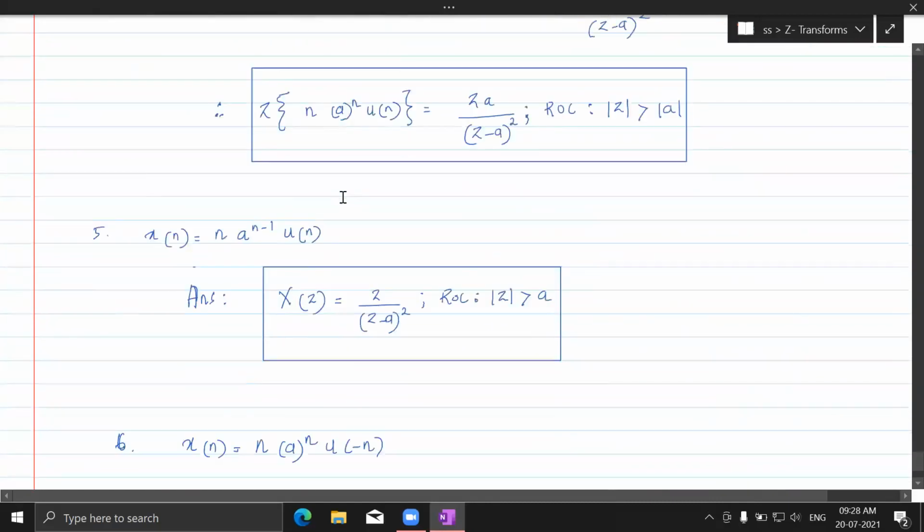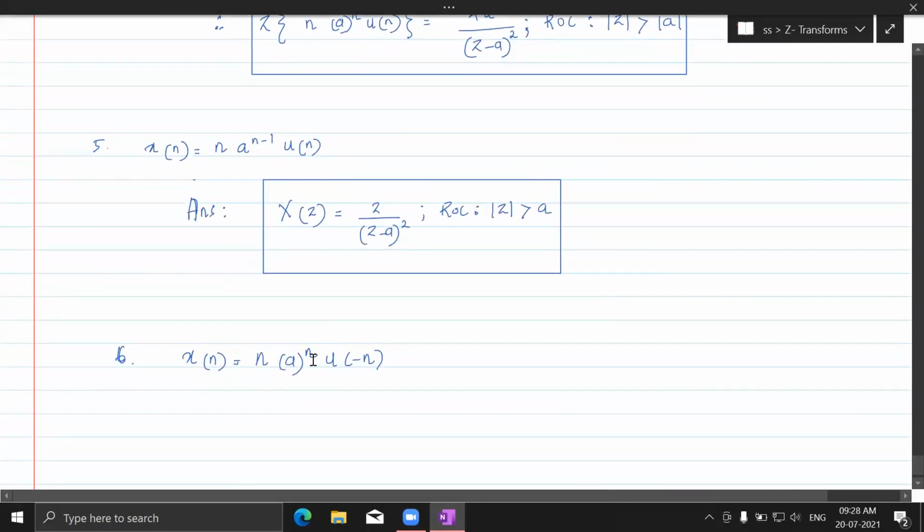Now here also a power n u of n is the signal, but it is a power n u of minus n. So there is time reversal. Understand that? And there is differentiation in time domain also. There are two properties that we have to make use of. One is time reversal and the other one is differentiation in time domain.